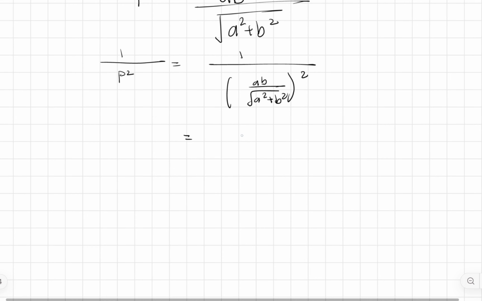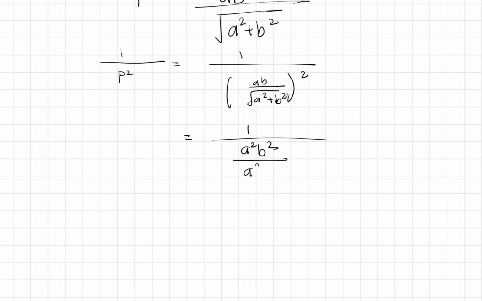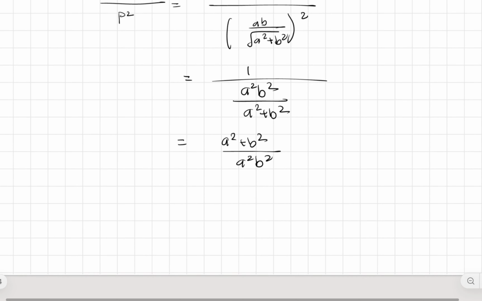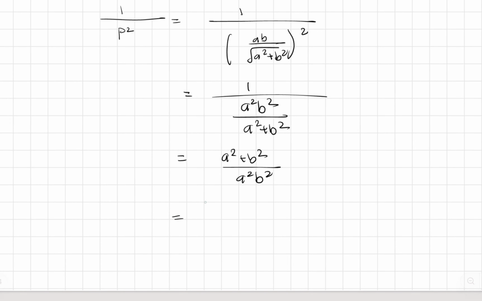Further simplifying this, we get 1 over (a squared b squared over a squared plus b squared). Once again, taking this to the top, we are left with (a squared plus b squared) over a squared b squared. And finally, simplifying this, we're left with 1 over b squared plus 1 over a squared.